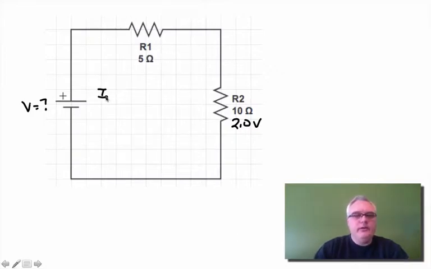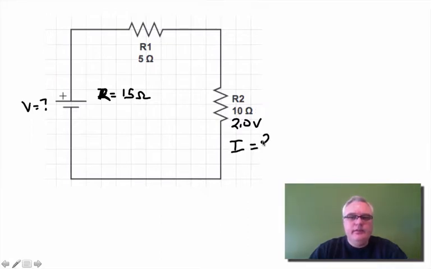Right? So I know the total resistance is 5 plus 10 is 15 ohms. Sorry, this is resistance. Total resistance is 15 ohms. But that doesn't help me because I still don't know the current. But I can find the current here. I know the current in this resistor is going to be 2 volts divided by 10 ohms.